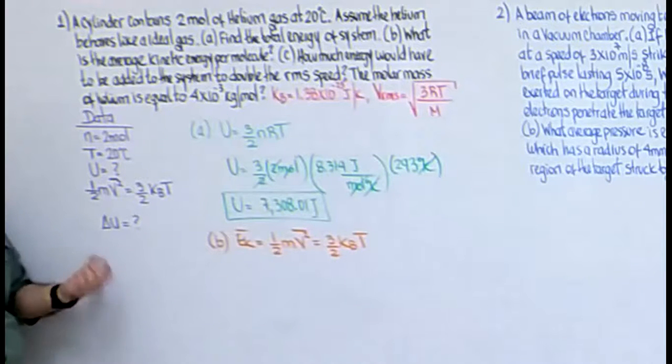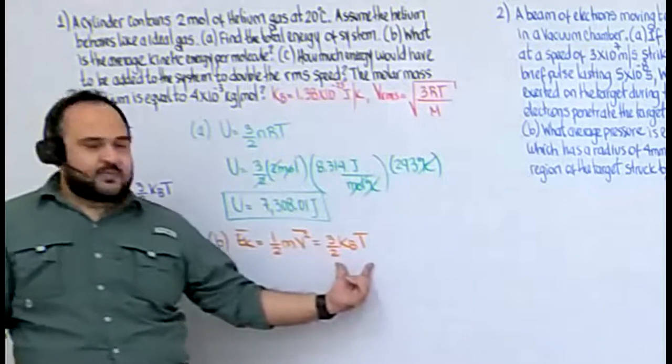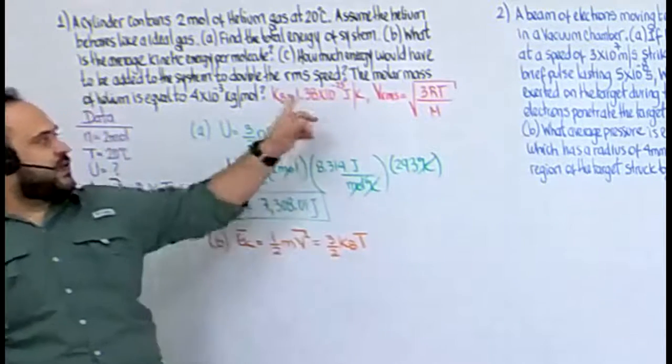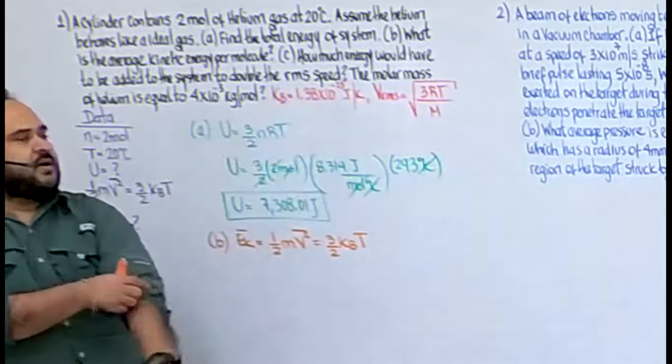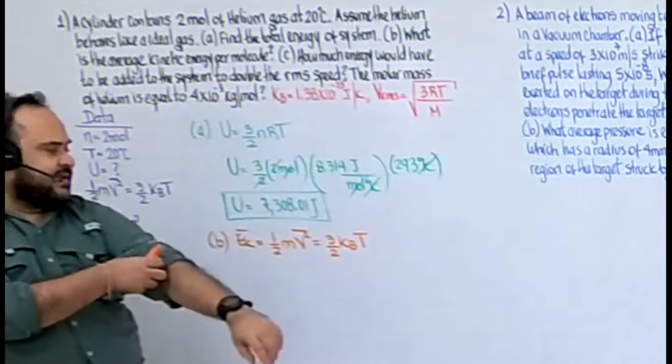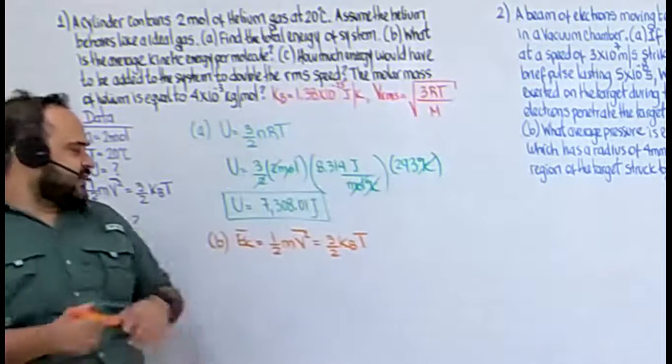Obviously, we can use the third proportion because we know the Boltzmann constant is a given value, and I told you already in the last class, and T represents the temperature.